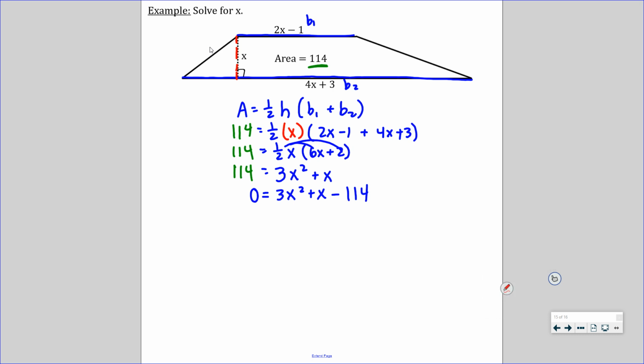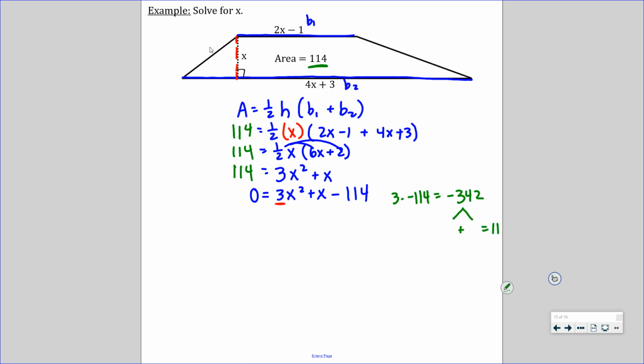Okay, anything I can factor out right away, folks? Anything common here? No. How many terms? 3. I have a 3 in front. What method? AC method. Let's do it. 3 times negative 114. Again, no matter how big these numbers are, this works. Negative 342. Oh boy.